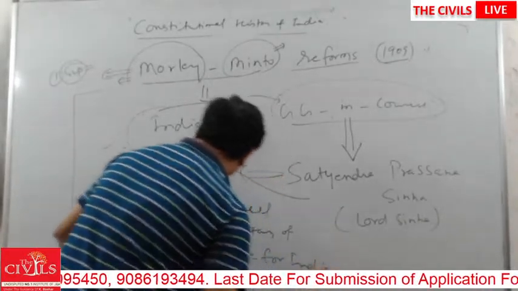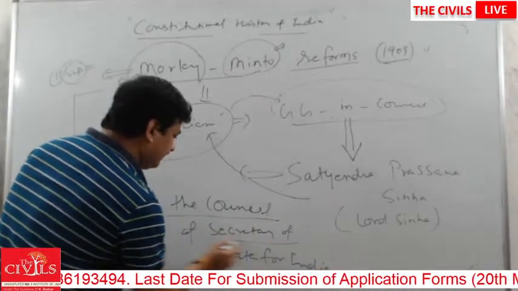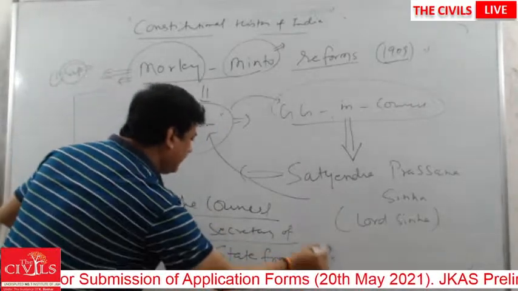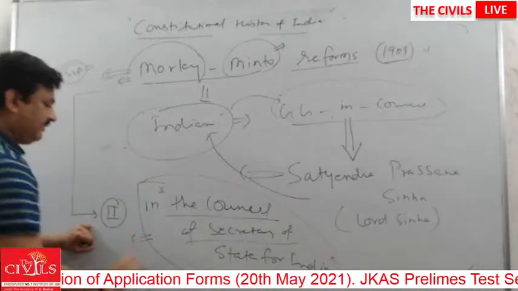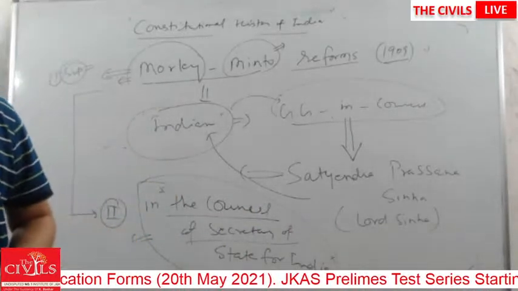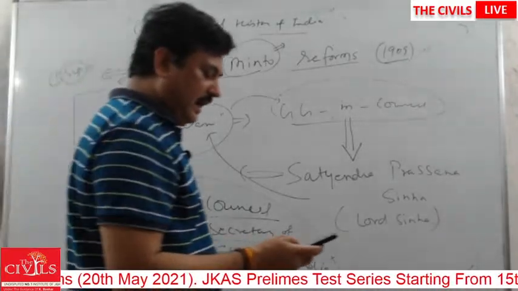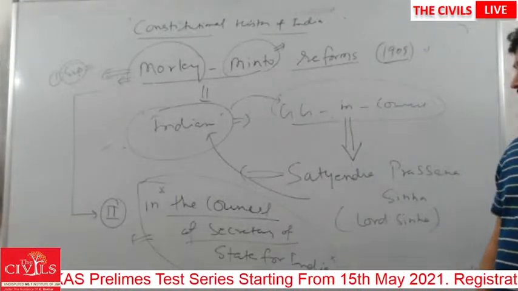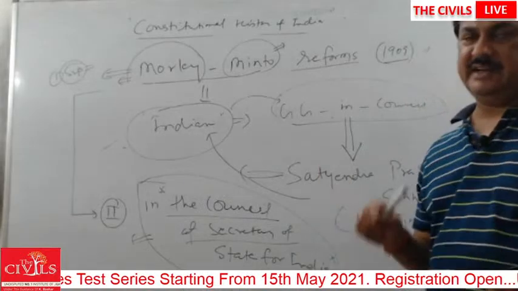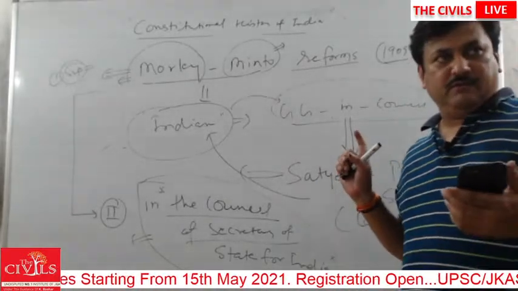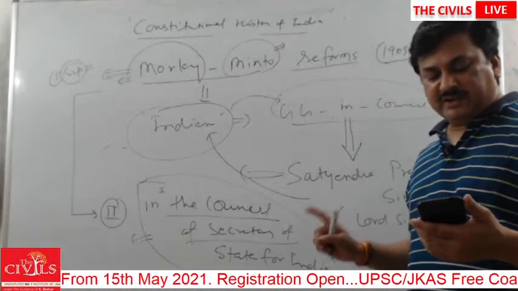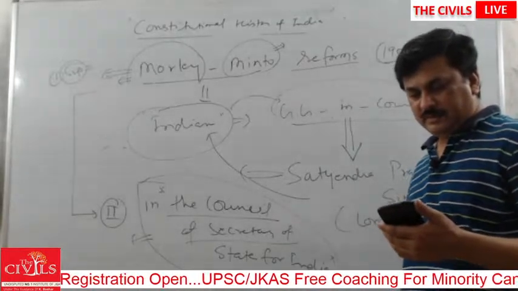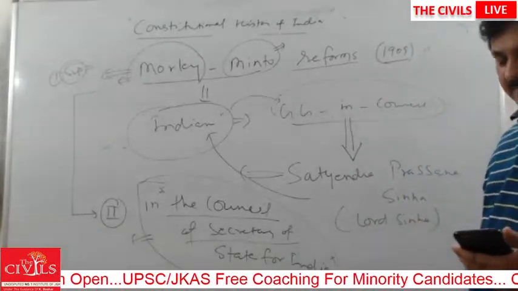Now tell me one thing: by which act was this council formed, and where was it located? I want an answer from all of you. The Secretary of State and its council, known as the Indian Council, was formed in London, yes, by the 1858 Act.